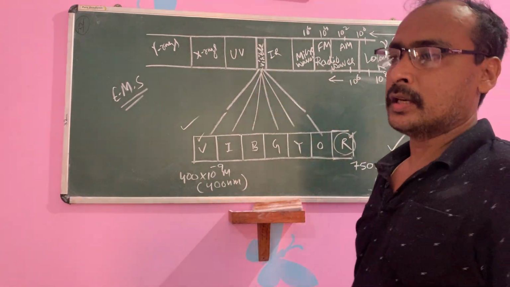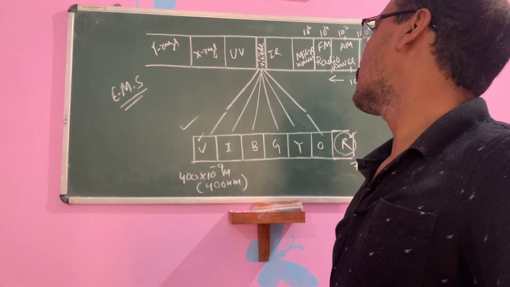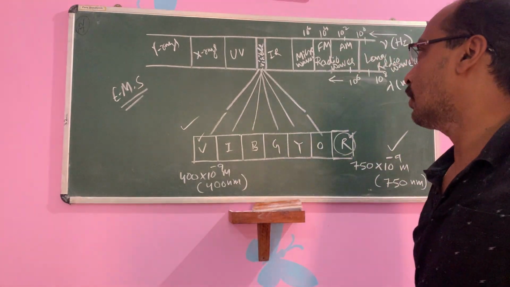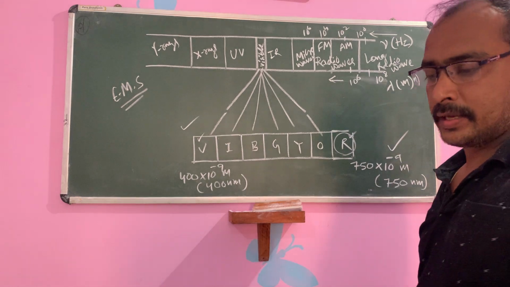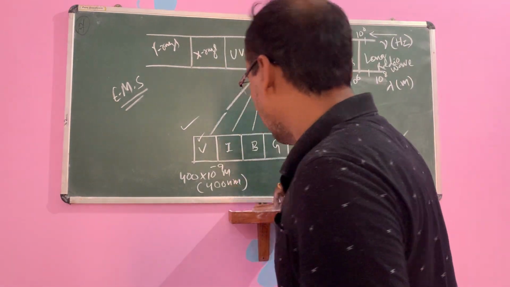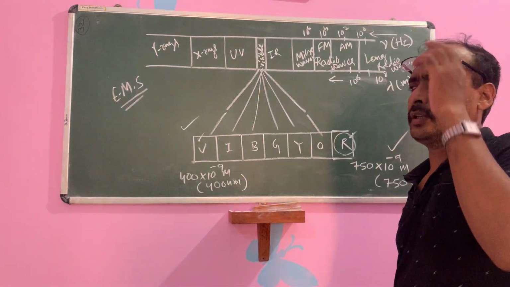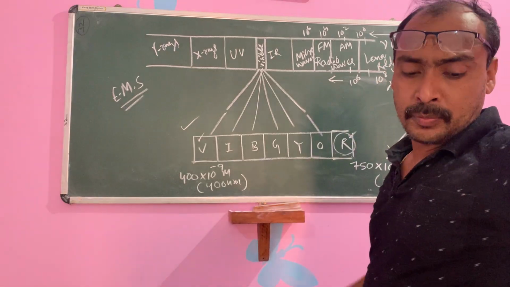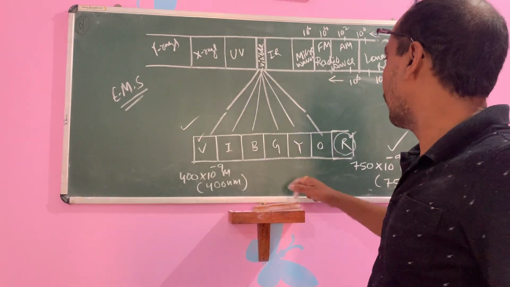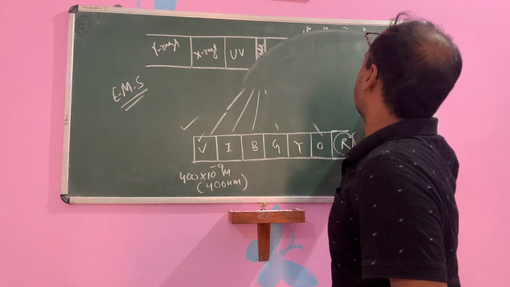So, children, next we'll discuss. These are all about the electromagnetic spectrum. Then, what is the wave nature of the electromagnetic radiation? First is frequency, children, frequency of wave. What is the frequency?